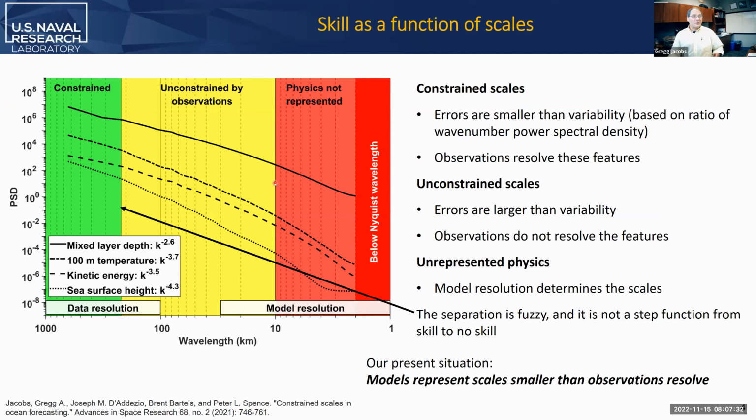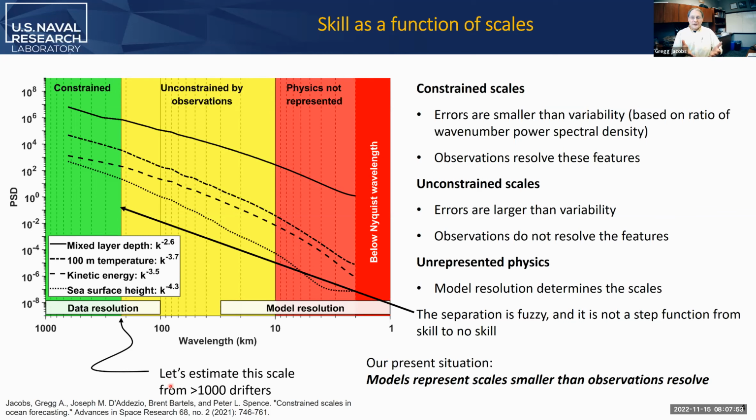The model resolution, basically the red band extended all the way up to the green. So as computer power has grown, this red band has been moving to the right, and this big yellow band has been opening up. So we wanted to try to estimate what this scale is from those 1,000 drifters.